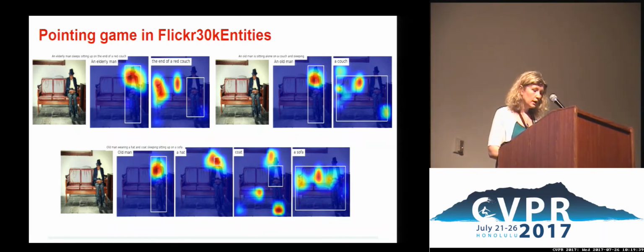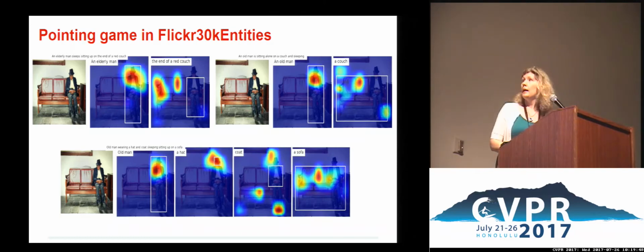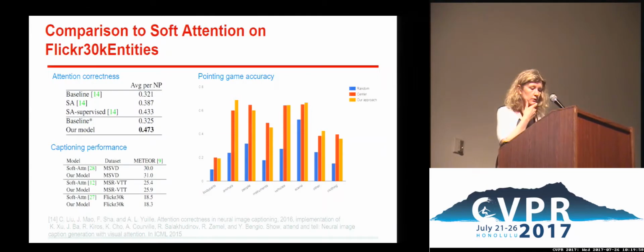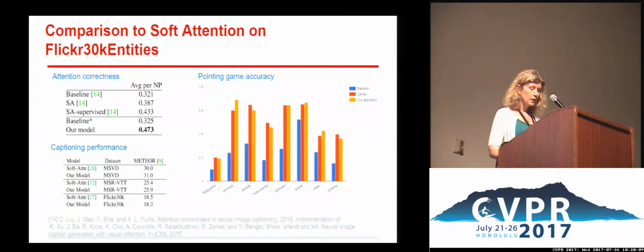For example, here the saliency for an elderly man, in the far left image, is pointing inside the bounding box annotated for that phrase. We also evaluate, based on the heat map, the attention overlap: how much this saliency map overlaps with the bounding box.